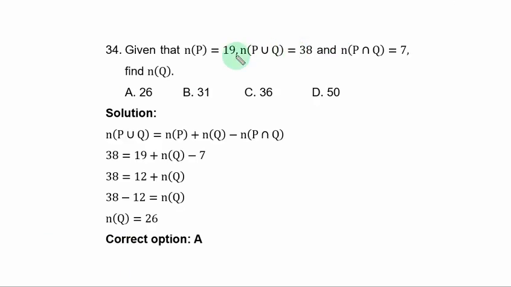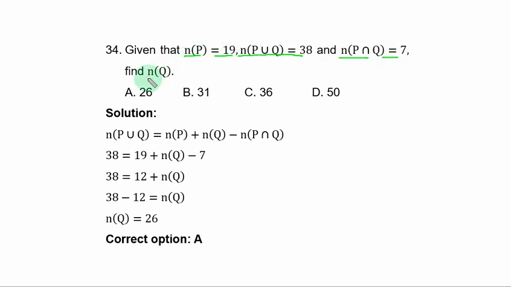Question 34. Given that the number of elements in set P equal to 19, the number of elements in the union of P and Q equal to 38, the number of elements in the intersection of P and Q is equal to 7.